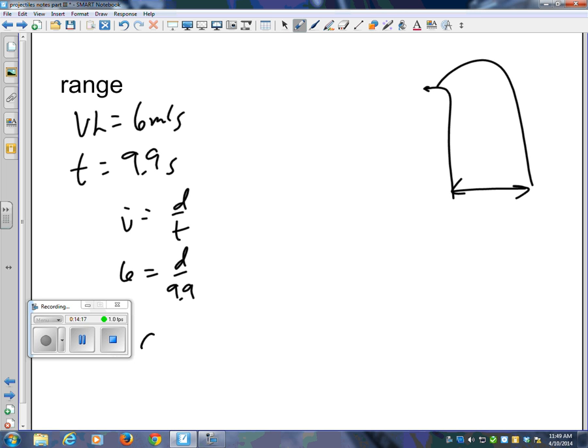Wait, what's the 6? 6 is the horizontal velocity, right? So you're going to get almost 60 meters, right? 59.4 meters.